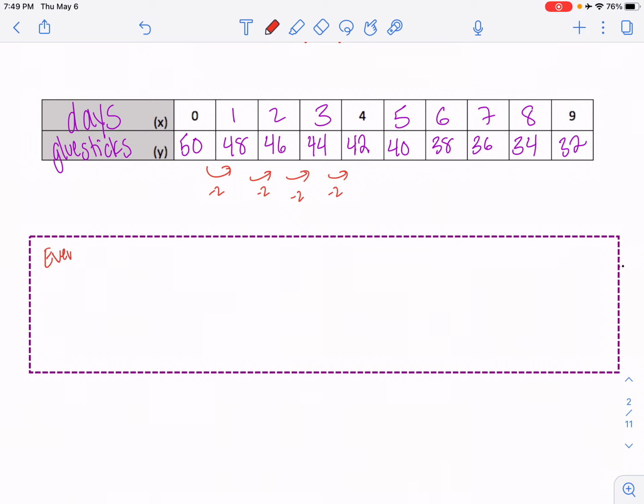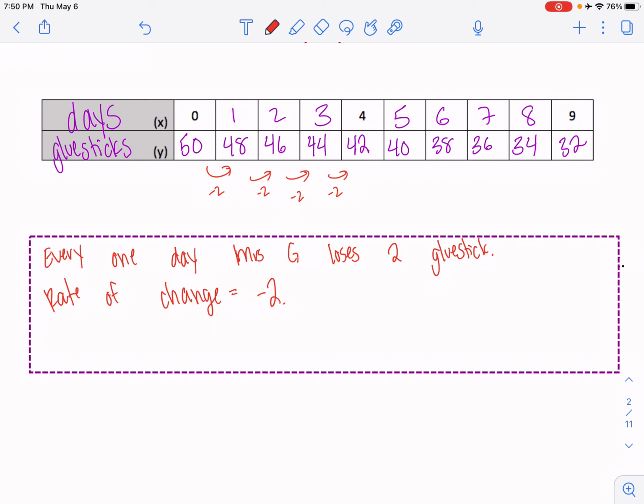So every 1 day, Mrs. G loses 2 glue sticks. So the rate of change for this situation is -2.